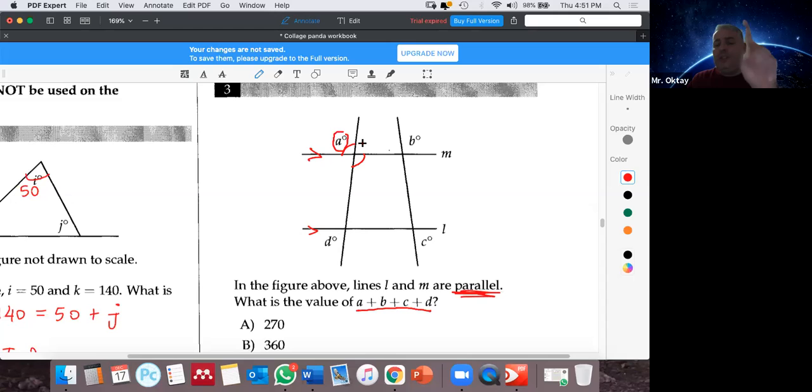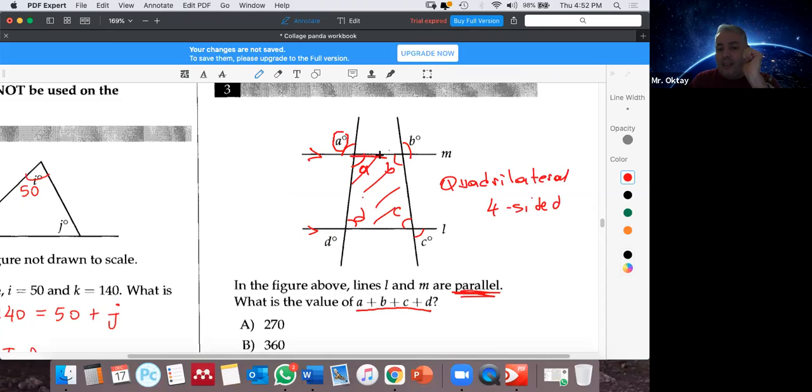Okay, let me solve this question by using two ways. If this is A, this is A, vertex angle. If this is B, this is B. If this is C, this is C. If this is D, this is D. Now, what kind of figure is this? Quadrilateral? Four-sided. Is it correct? Yes.